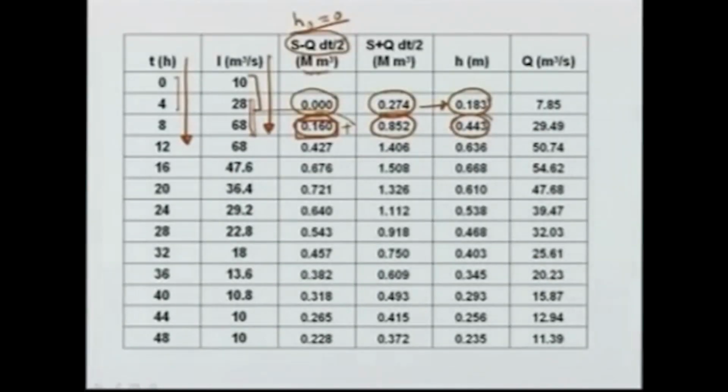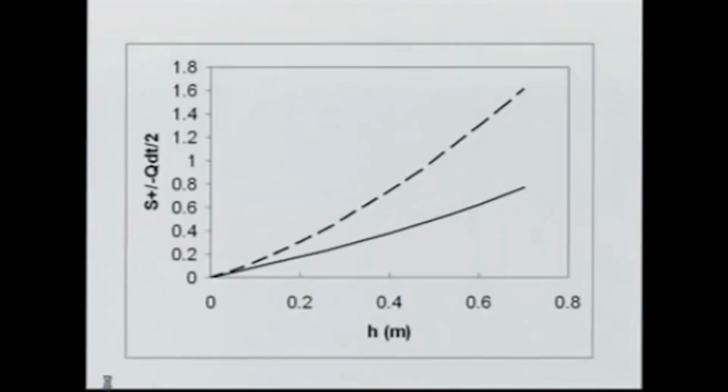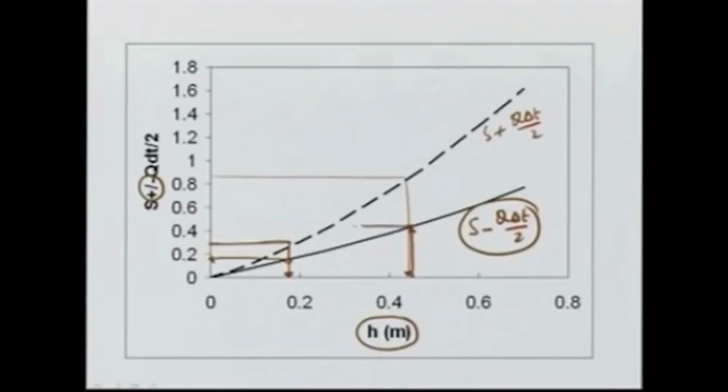So, for 0.443 we get 0.427 as S minus q delta T by 2. So, basically we just go from one curve to the other. We come to this point, get to this curve, then similarly once we obtain the value here, we come to this point and get the value for S minus q delta T by 2, then again add the mean inflow to get S plus q delta T by 2.